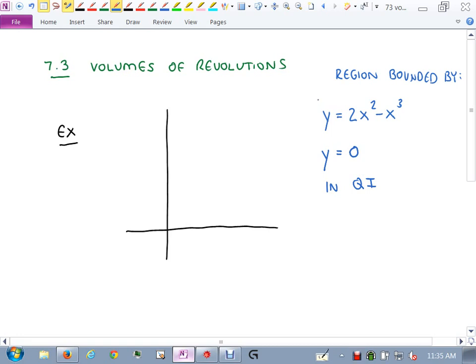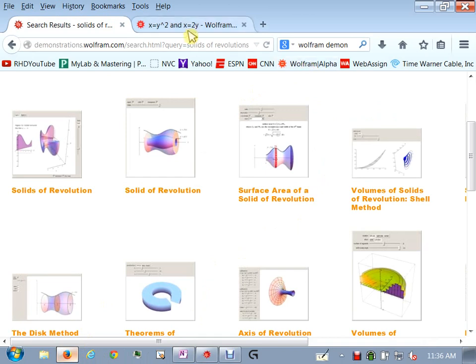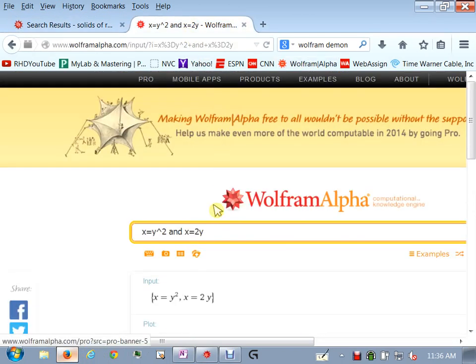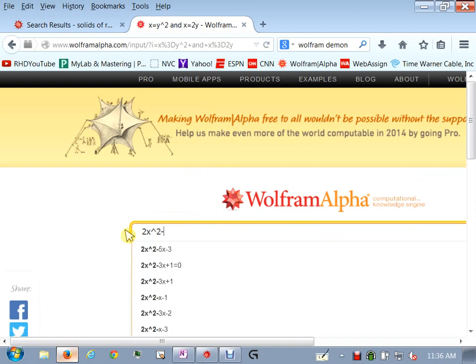First quadrant, y'all understand what I mean, right? Okay. So we need to be able to draw this. Given enough time, we would draw it, right? We graph it. And since I've got the internet open and I've got Wolfram Alpha right here, I'm just going to graph it for us real quick. It was 2x squared minus x cubed.